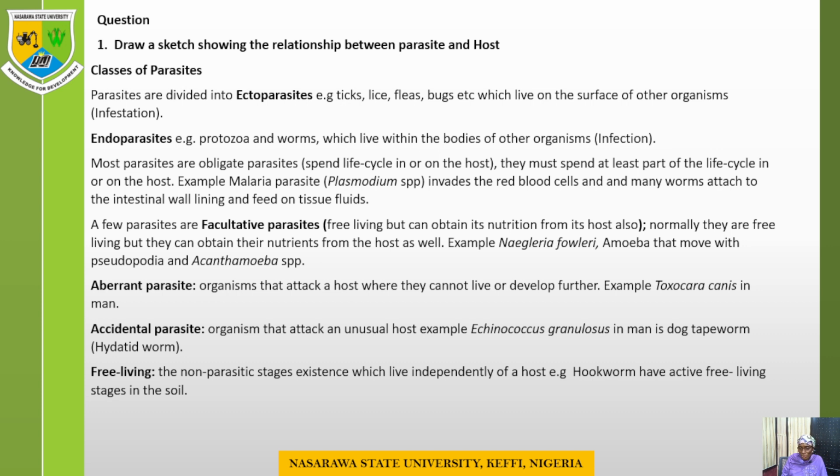This is a dog tapeworm, hydatid worm. Then we have the free living, the non-parasitic stages of existence. They live independently of a host. Example, we have hookworm. They have active free living stages in the soil.